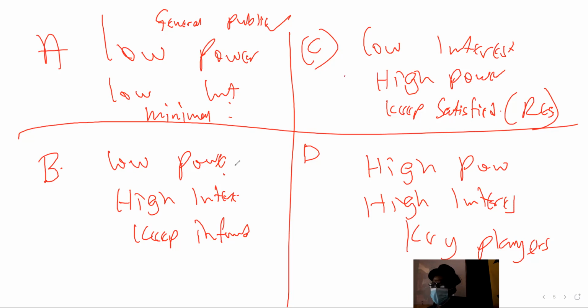B, low power. Hello, sir. Yes, please. Sir, a question. The pressure group in the community who are demonstrating, you said they have high interest but low power.